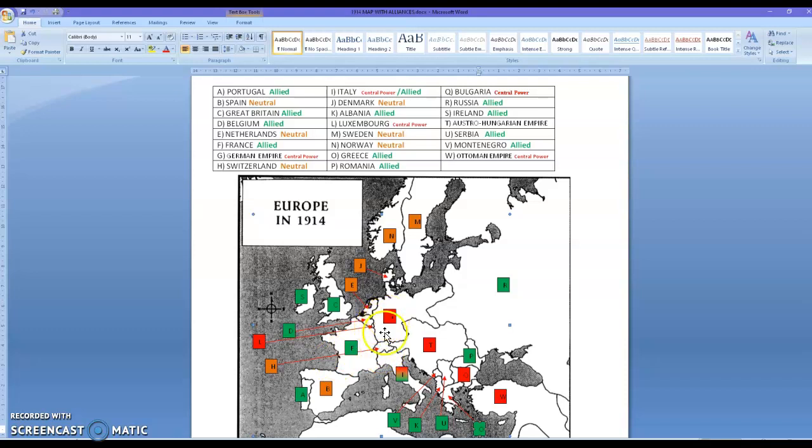Schlieffen was one of the German generals, and he came up with the plan that said, if we have to fight against France, we don't want to go through this border here because of all the heavy fortifications. Instead, we're going to look for the soft underbelly, and that would be coming through Belgium, because this border along here is not very well guarded.